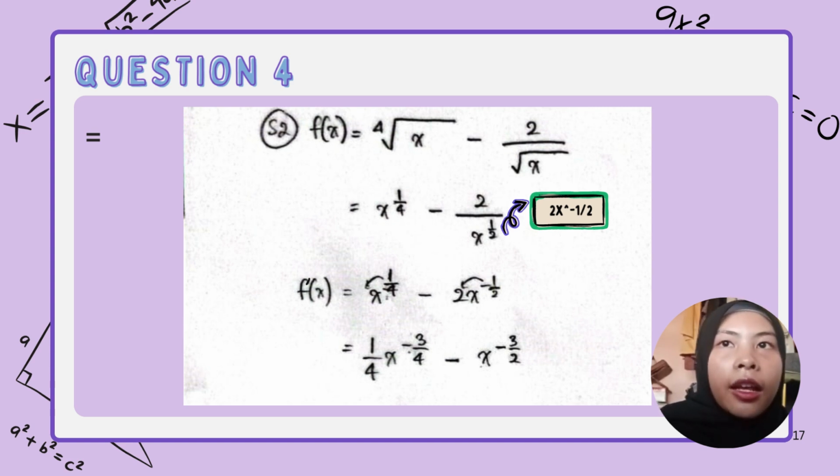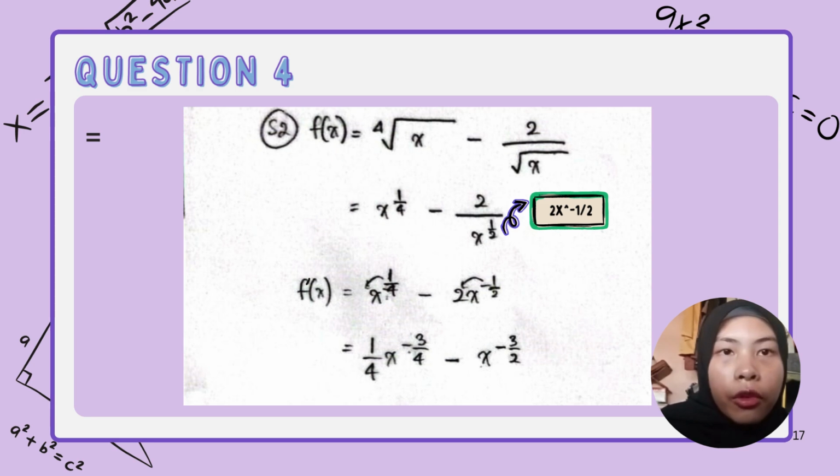And then after that, the power we need to bring in front of the x. So it will become (1/4)x^(-3/4). The -3/4 is actually from the 1/4 minus 1. 1/4 is n, and n in the formula must be minus 1.